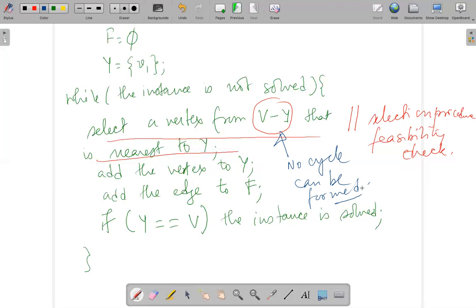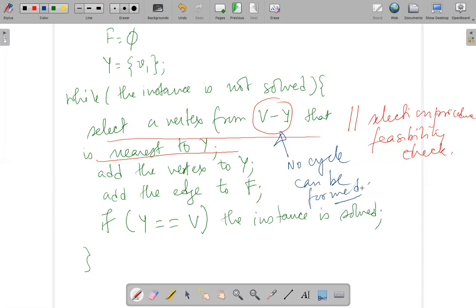You only consider vertices that are present in V minus Y, and therefore there is no question of repetition of vertices in Y, and therefore no cycle can be formed. That actually ensures the feasibility check.